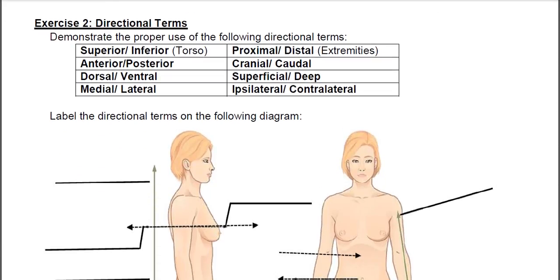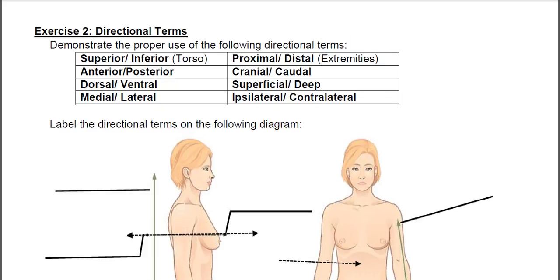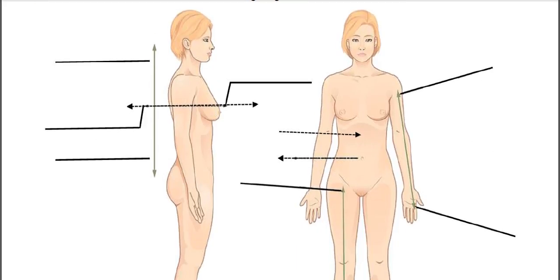Our next diagram is dealing with directional terms. And directional terms are only used to describe the location of one thing compared to another. You can't just have something that is medial. It is medial compared to something else. And so you'll notice that these lines on this diagram come in pairs.